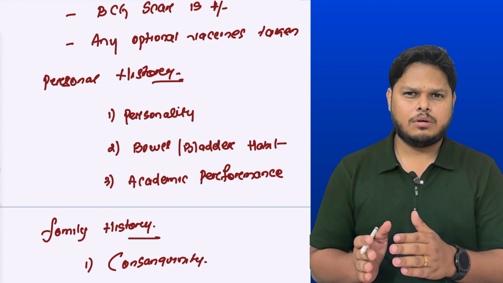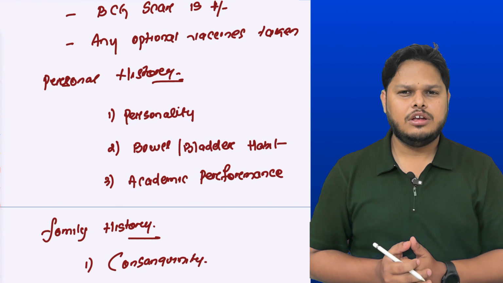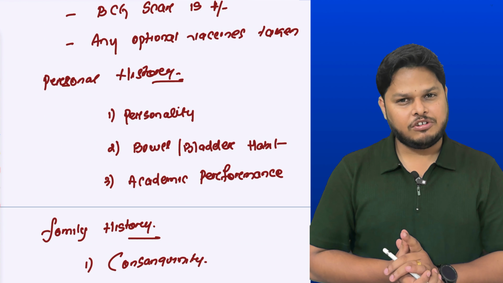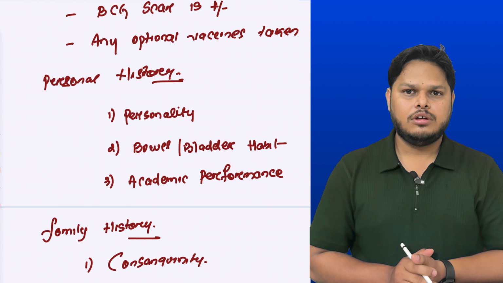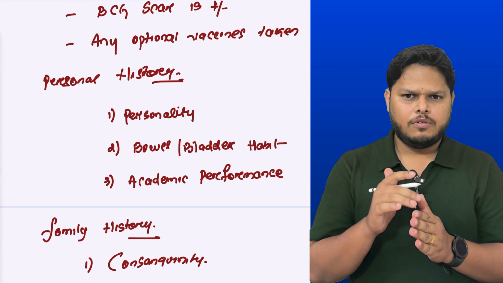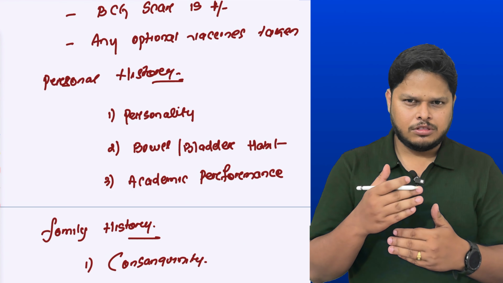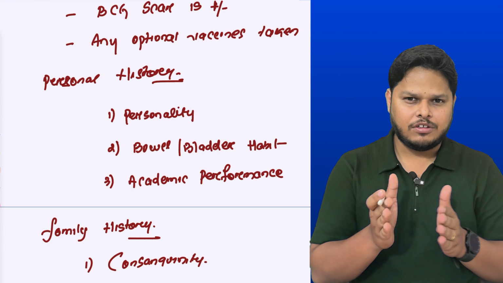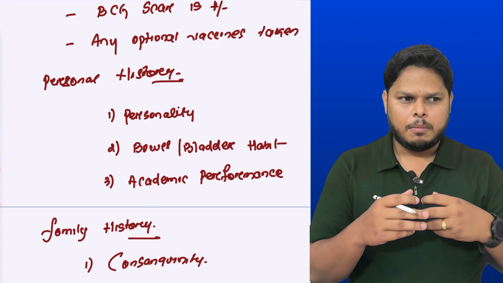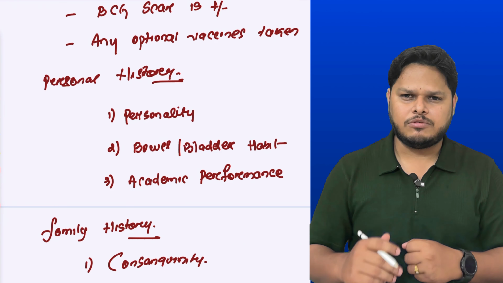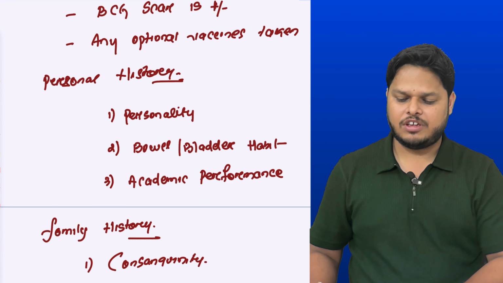How do you ask consanguinity? You ask in the attendant's local language whether the marriage was in the family, whether they were knowing each other before marriage, whether they are related by blood, whether they were distant relatives. So like this we extract the history of consanguinity.